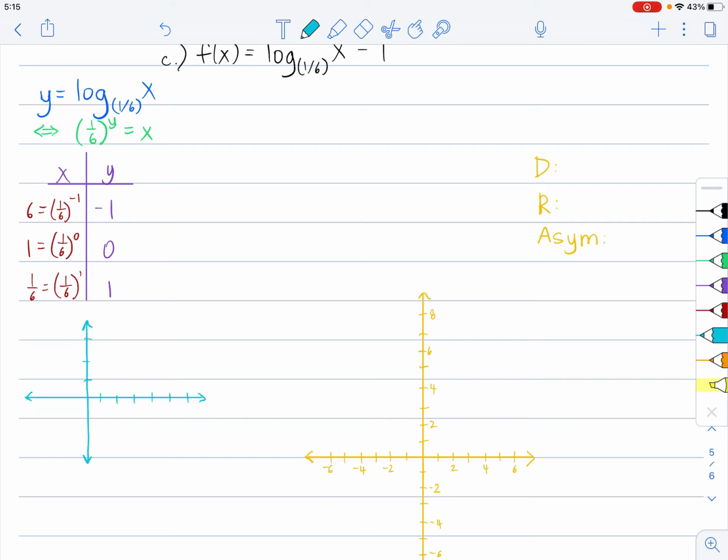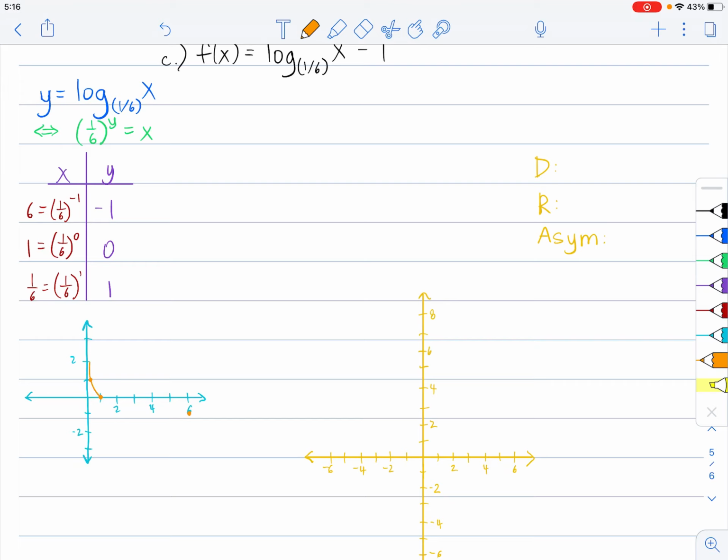And for y, -2, 2, 4, 6. Okay, so when we plugged in 6 for x, even though we didn't actually plug it in, but if we had plugged in 6 for x, we would have gotten out -1 for y. 1, 0 is a point on our graph, and 1/6, 1 is a point on our graph.